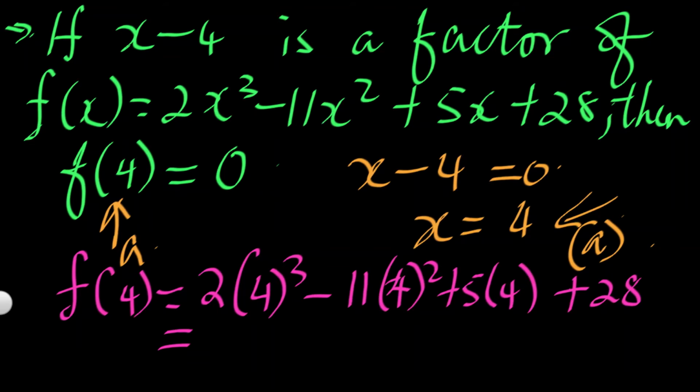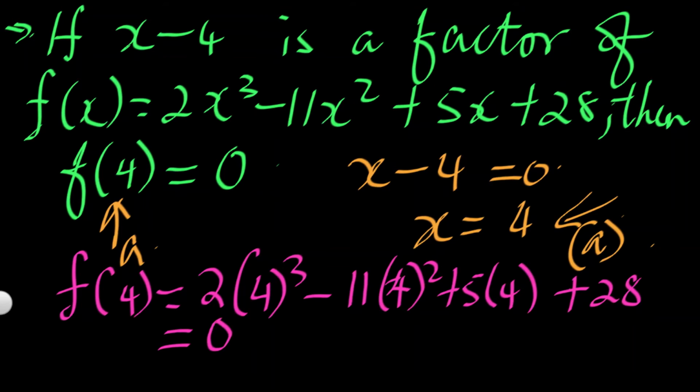So let's do this. 2 times 4 cubed minus 11 times 4 squared plus 5 times 4 plus 28. It is indeed equal to 0. So I got a 0 here.